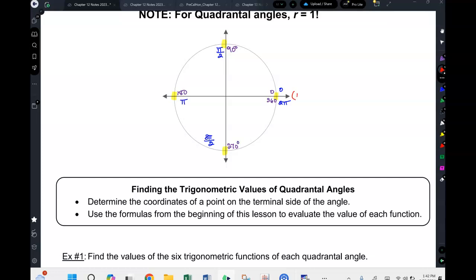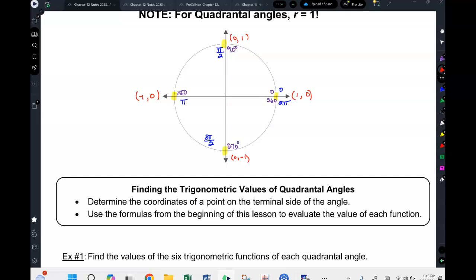The x coordinate is 1. The y coordinate is 0. When you're on the opposite side, to the left, the x coordinate there is -1, and what's the y coordinate? 0. When you're up here at 90, what's the x coordinate? 0. And the y coordinate? 1. And here it's 0, -1.